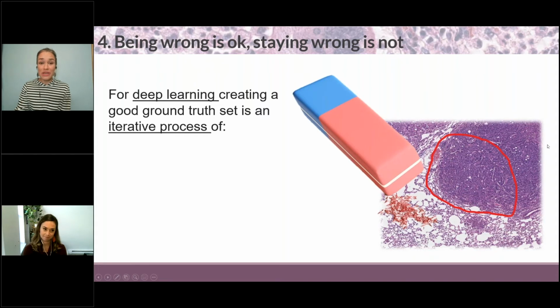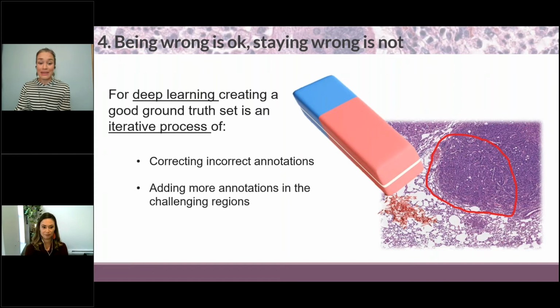So for deep learning, creating a good ground truth set is an iterative process, like we've seen in what Lindsey just showed. And this iterative process consists of correcting incorrect annotations, like we just did, and of adding more annotations in the challenging regions. So you basically communicate with the model.